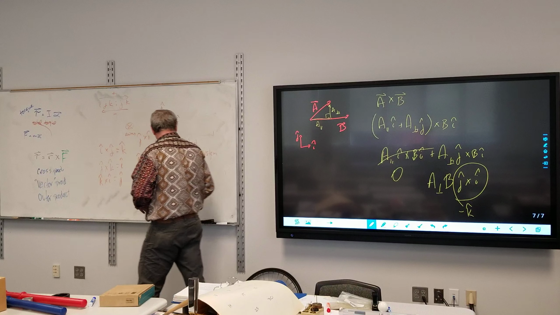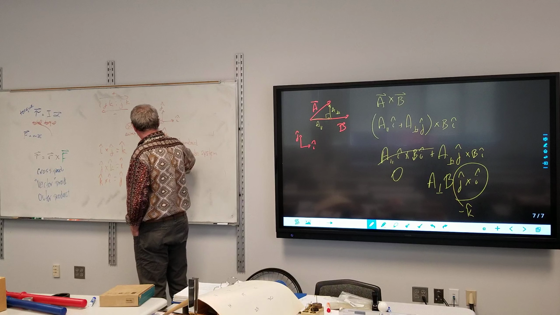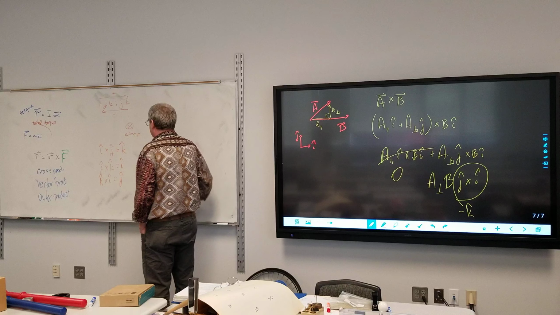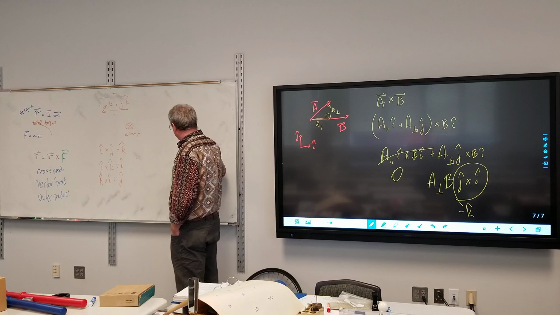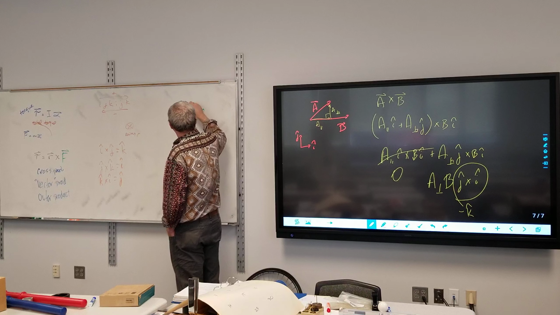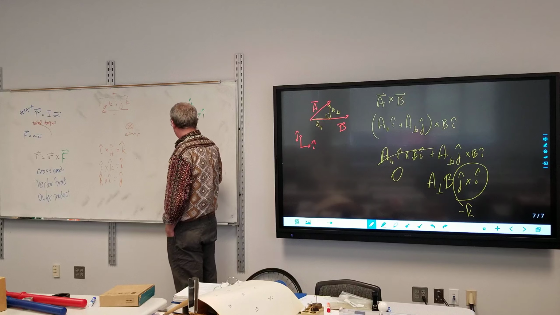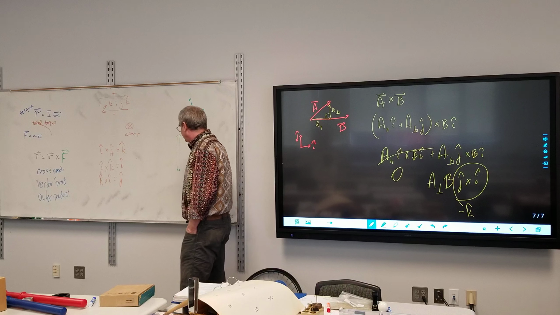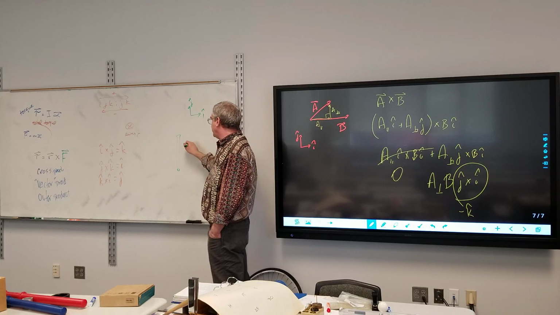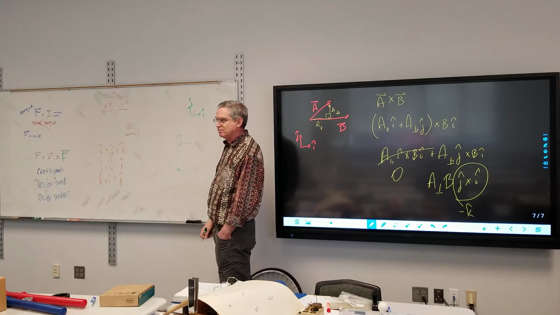So if I'm doing R cross F, so overhead view of the door, again, let's establish I hat, J hat. I'm going to apply a force right there.